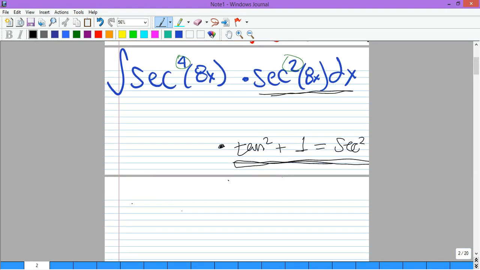So we're going to go ahead and rewrite that. I'm getting ahead of myself just a little bit. I want to explain that tangent squared 8x plus 1 gives us two secant factors, just this alone.